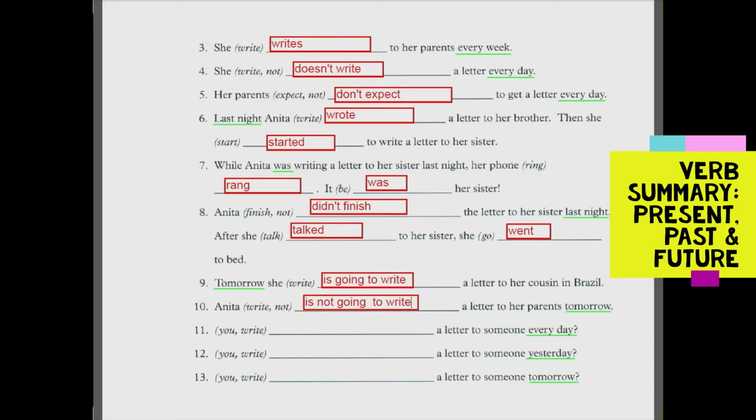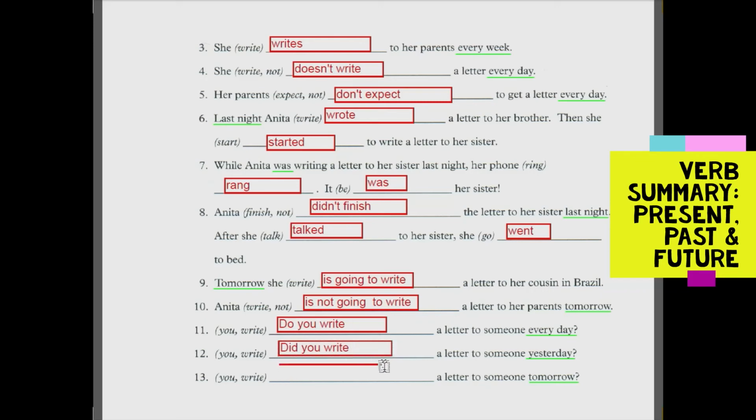And then every day, do you write a letter to someone every day? Or right now, we know that people exchange by using emails. Did you write a letter to someone yesterday?